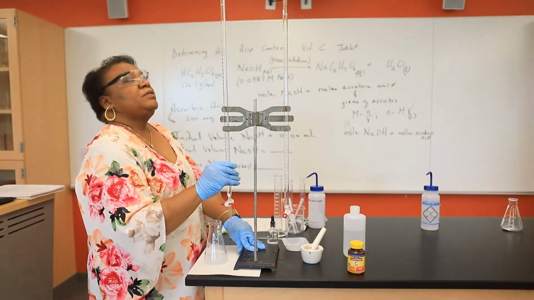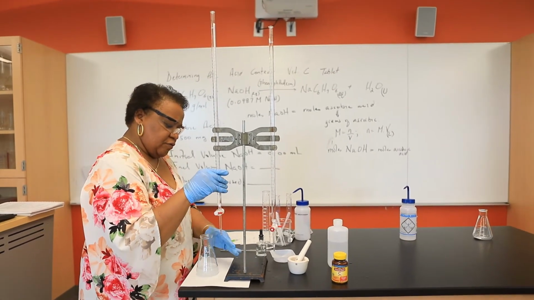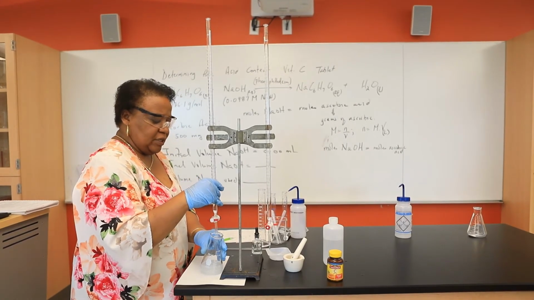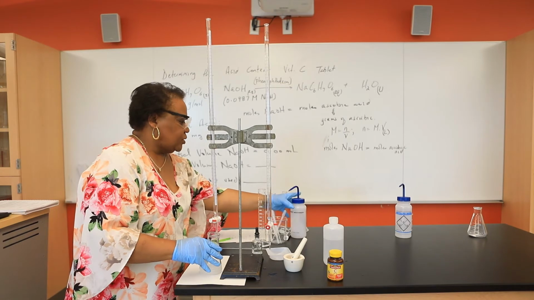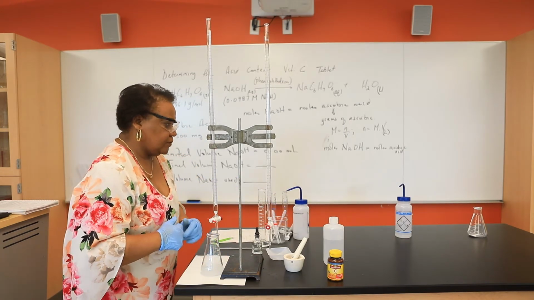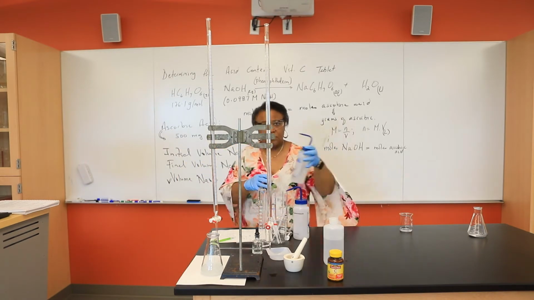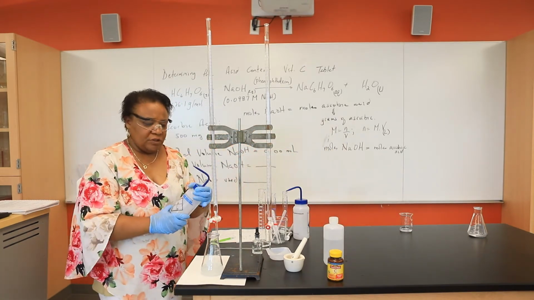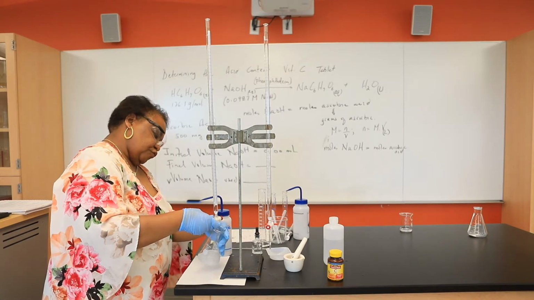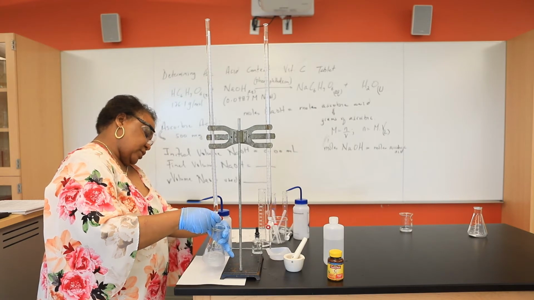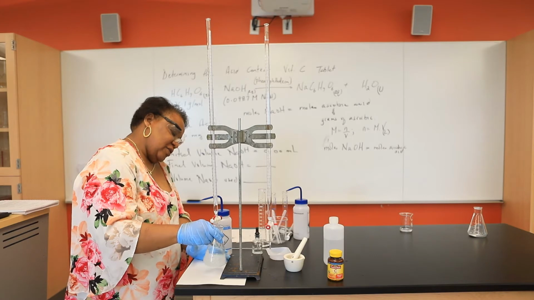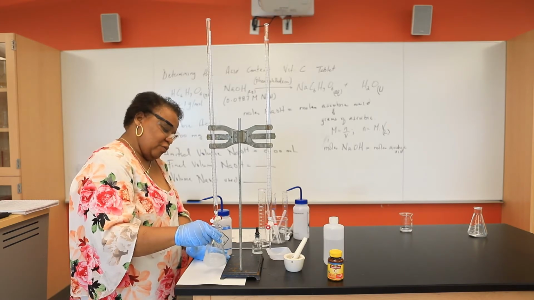My burette is now reading 0.0 milliliters. And again, drop-wise, as slowly as possible, I'm going to add my base, NaOH, to this solution. With the aid of my distilled water bottle, I'm going to rinse the inner walls of my container, again making sure that I do not add more than the required amount.